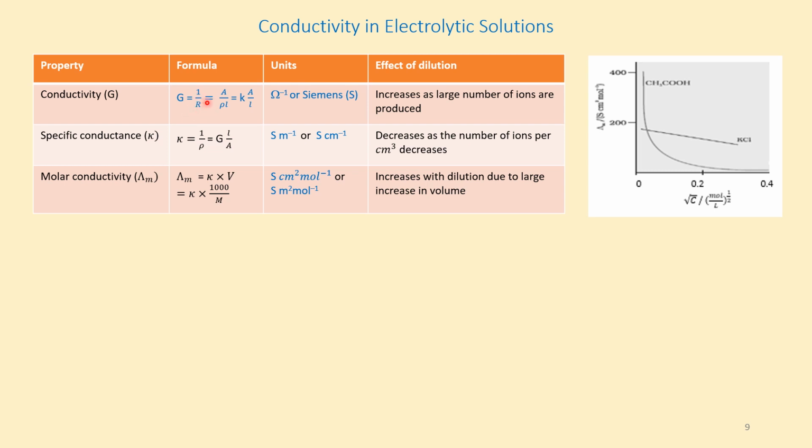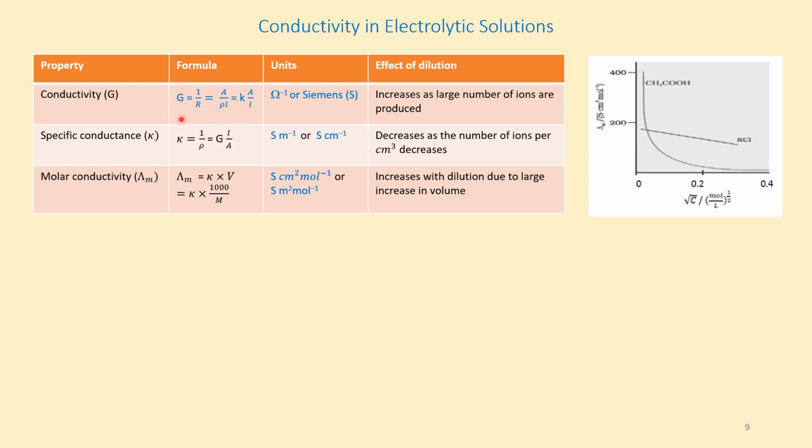That can also be written as A over rho into L, where rho is the specific resistance, A is the cross-sectional area, and L is the distance between the electrodes. That can also be written as kappa into A by L, and its unit is ohm inverse or Siemens S.